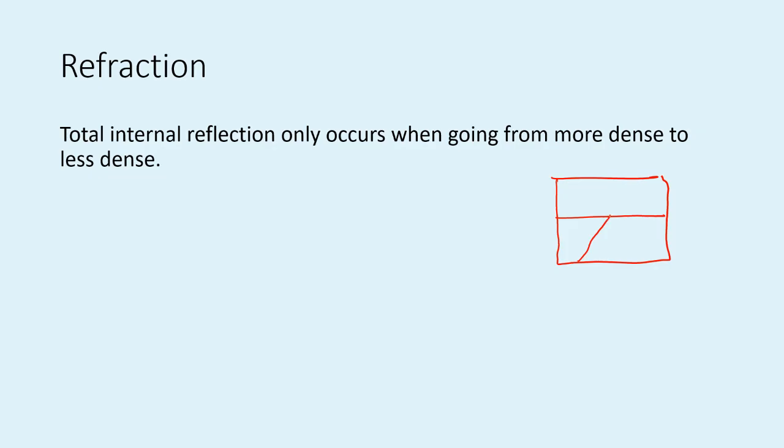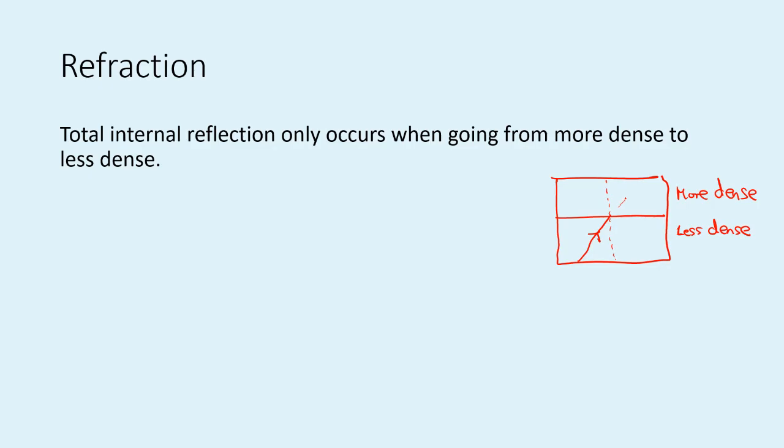So if this is our light, and if we go the other way, just to be really clear why it doesn't work, it will bend towards that normal.